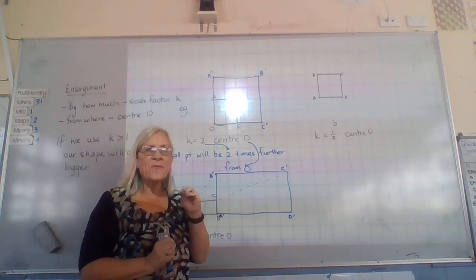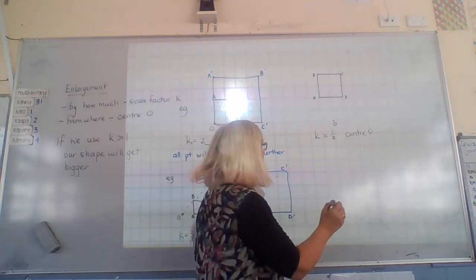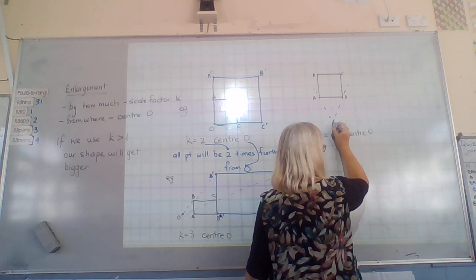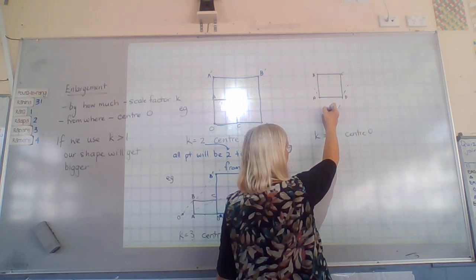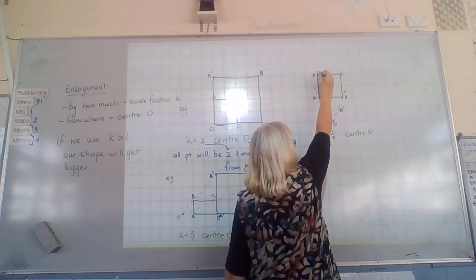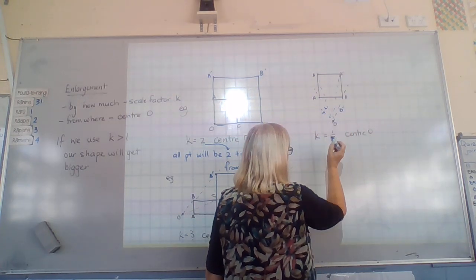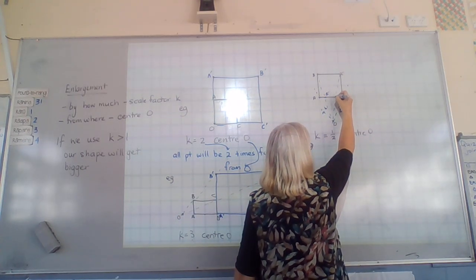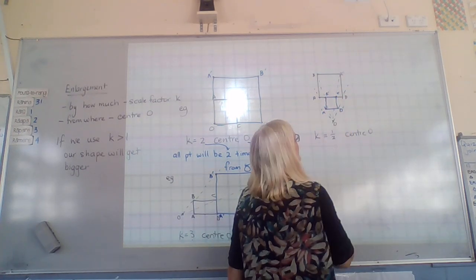It will be half the distance from O. So the easiest way to do that is to use these lines. So if I put the lines in, all right, half the distance. So it was here, it's now here, in the middle of a square. And this one is here, this one. So it's a good idea to use your ruler, not to use your free hand. But this one is here, and this one is here. So our new square, which we knew was going to be half the size, sits there.